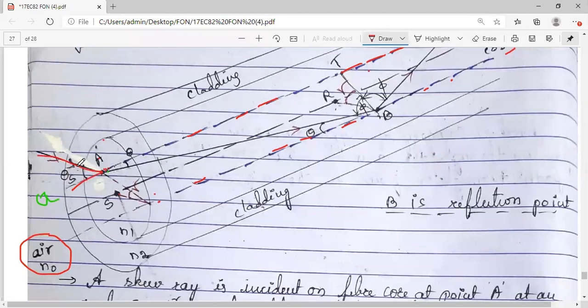This is your incidence angle theta s, and after this it gets refracted. This is the angle of refraction theta, and since this is theta, this is also theta. Okay, from this geometry.